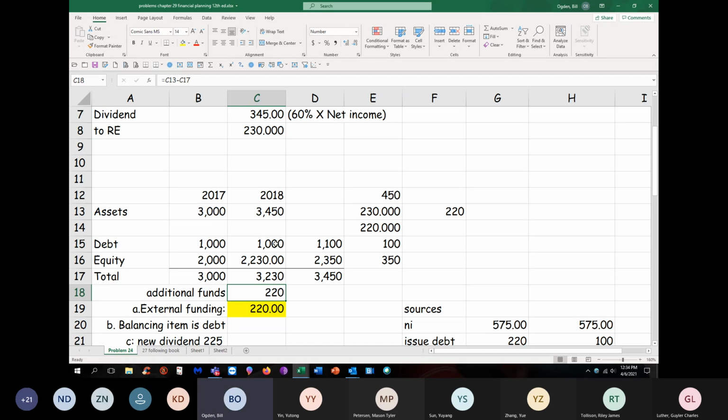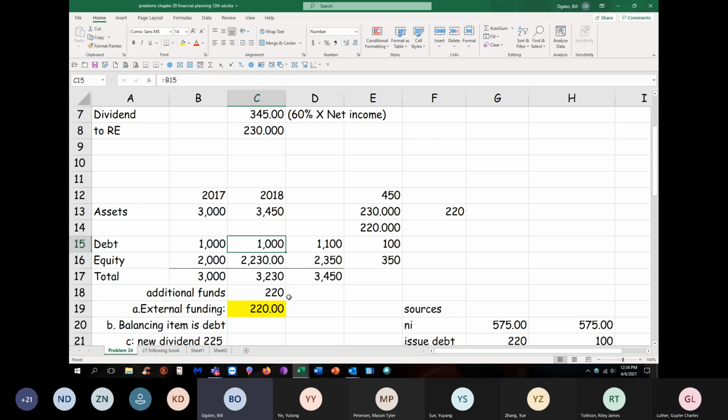I could very quickly make this work just by taking my debt and adding to it 220, and all is well. All right, the next part asks what the balancing item would be. It would be debt, and it would be in the amount of 220.